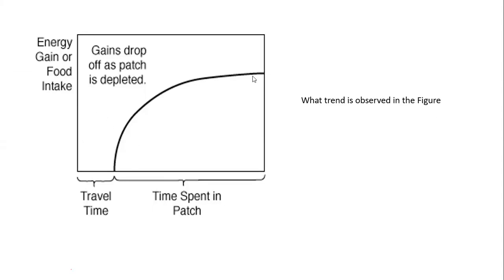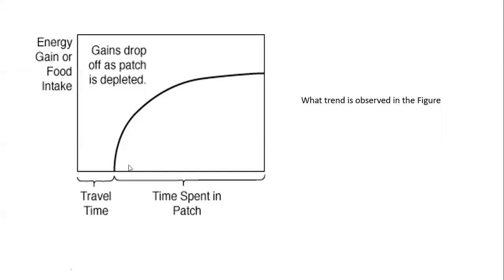This is an example of a chart of a forager, for example, a bird that has gone to a particular patch looking for food. When it arrives there, this is the time that it is going to spend in the patch. And you can actually see that as time is being spent, there is something going on with the food intake. On the y-axis is the energy gain or food intake.